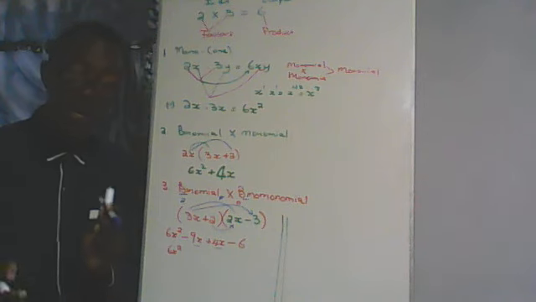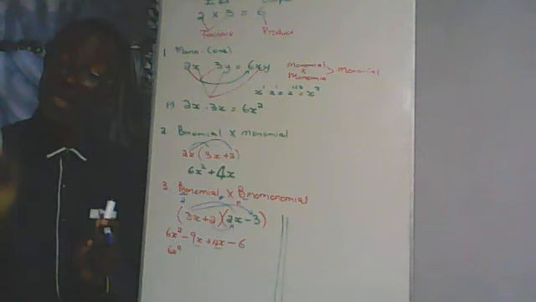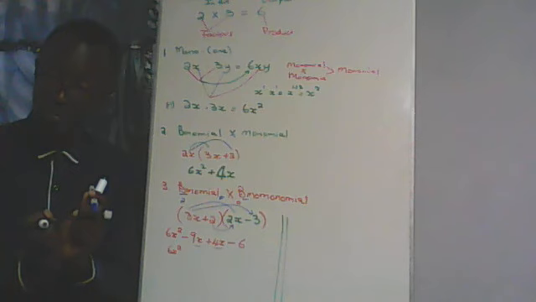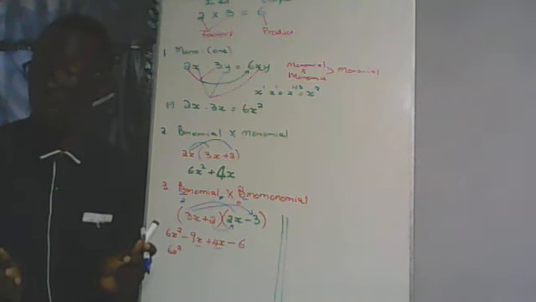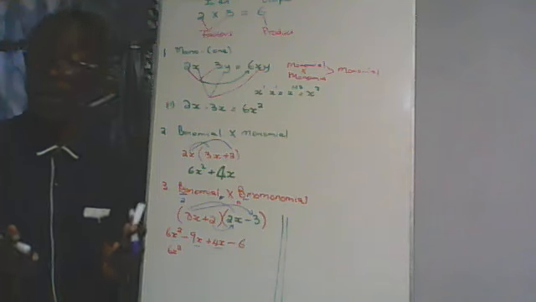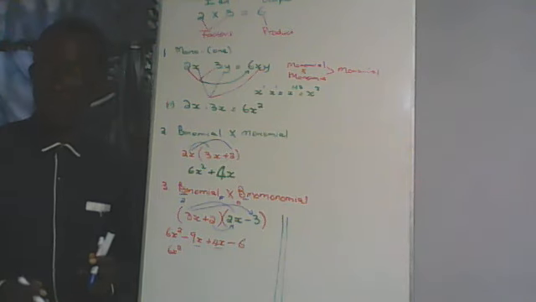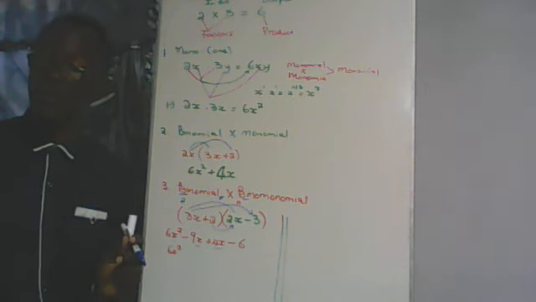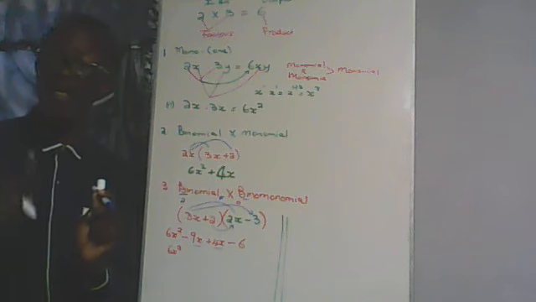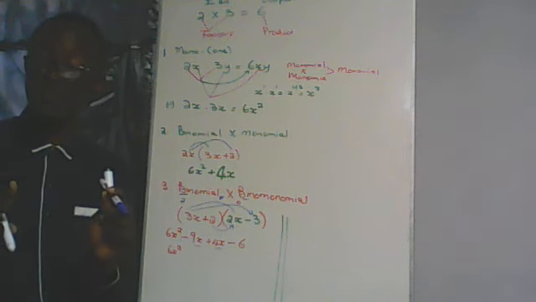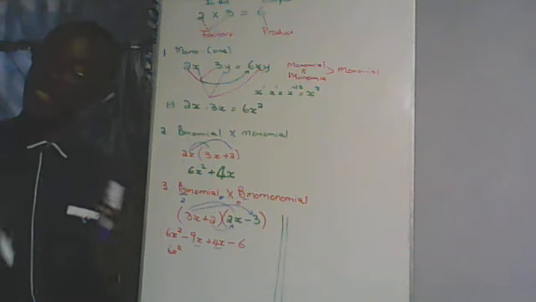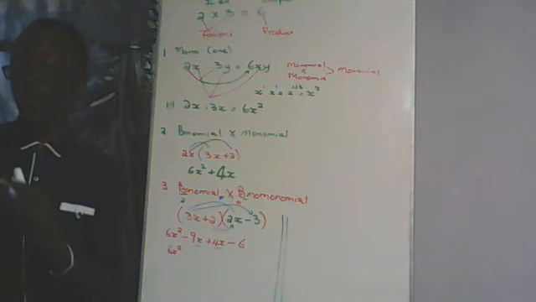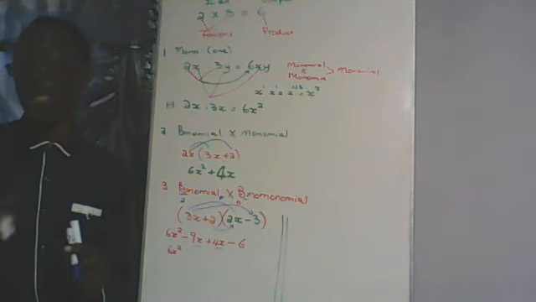If the signs are different, you take the sign of the bigger digit and subtract. Simple as that. When the signs are the same, you write the sign and add. When the signs are different, you write the sign of the bigger digit and then subtract.